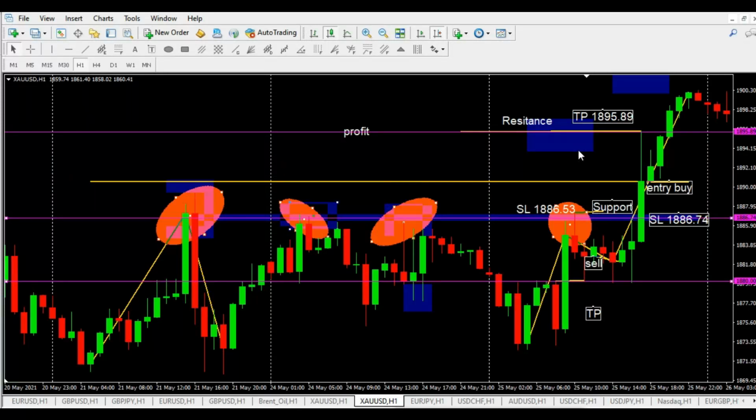The next key level, the next resistance, is on the top of the wick, on the top of the rejection. This is resistance.